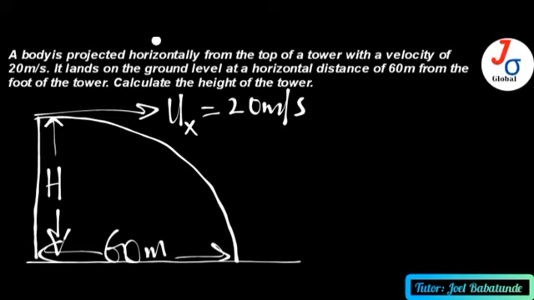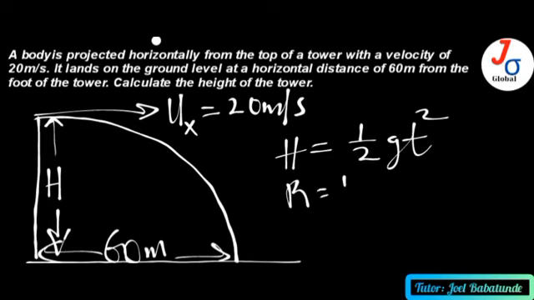And I told you that in case 2, there are just two formulas you need to memorize. The height for case 2 is h equals half g t squared, and r equals u sub x multiplied by t. Okay, so how do we solve for this?